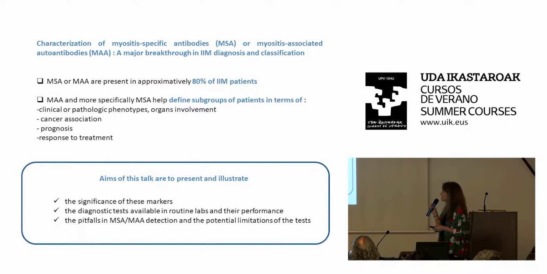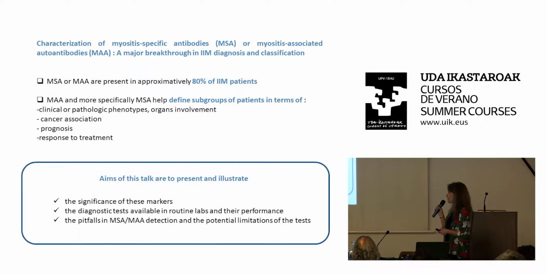So, the characterization of myositis-specific antibodies or myositis-associated autoantibodies was a major breakthrough in inflammatory myopathies diagnosis, but also classification. In fact, MSA or MAA are present in approximately 80% of inflammatory myositis patients.